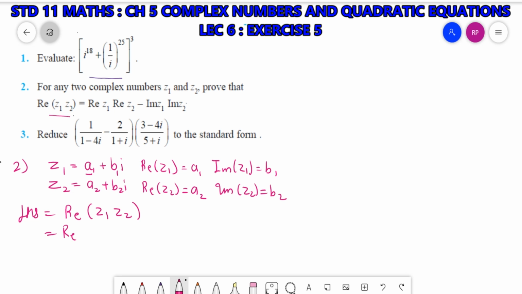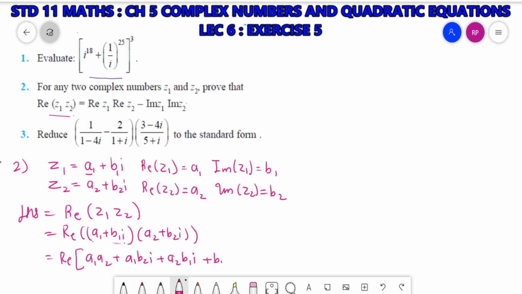So Z1 Z2 means (a1 + b1 i) into (a2 + b2 i). This will be a1 a2 plus a1 b2 i. Now b1 i into a2, that is a2 b1 i, plus b1 i into b2 i, b1 b2 i square.